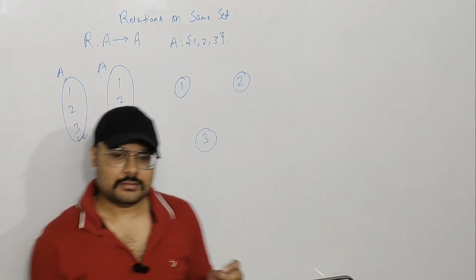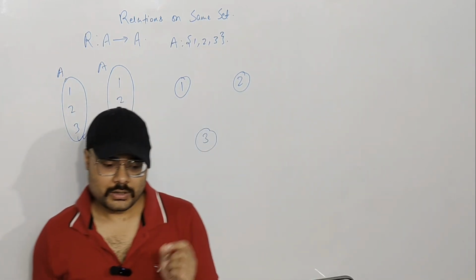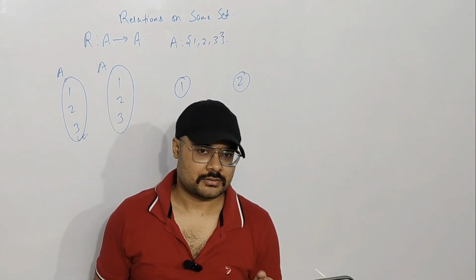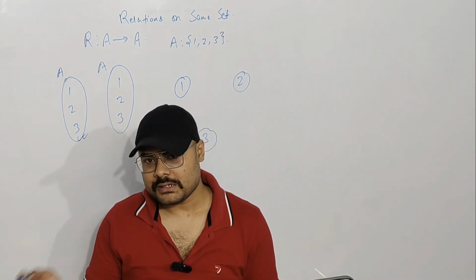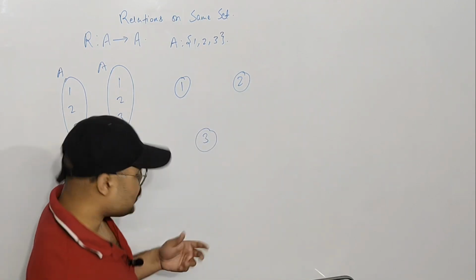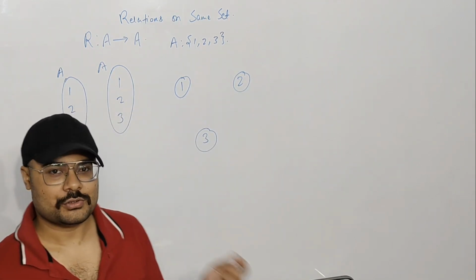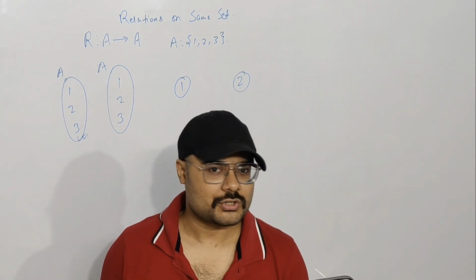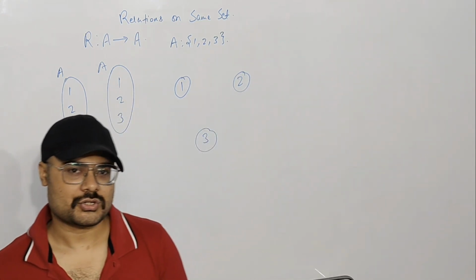And then you will say that one element is related to another element if they are cousins. So A is related to B if A is a cousin of B. Now in the relation, if A is cousin of B, then B is cousin of A. So that type of relationship is called symmetric relationship.